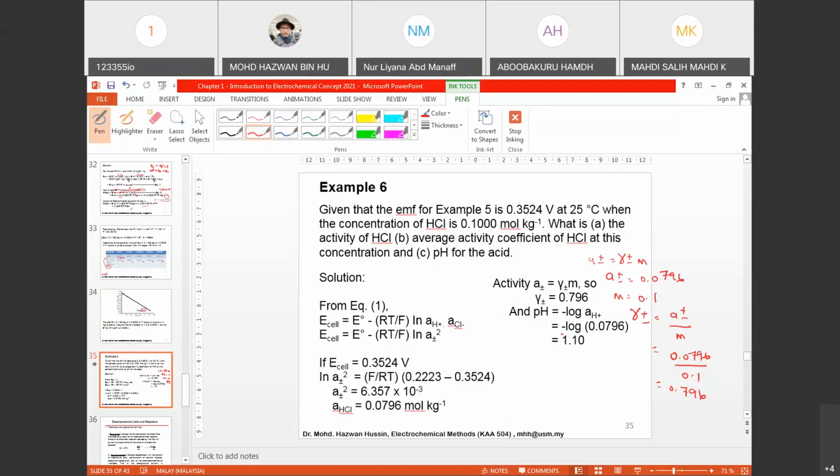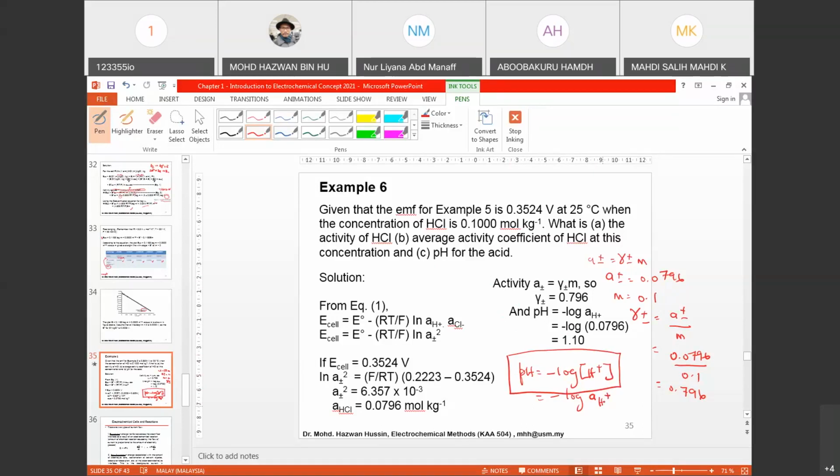Okay. Forgot to tell you that pH is actually equal to negative log H plus, or negative log activity of H plus. So always remember you can calculate pH from this notation. pH is always equal to negative log H plus.